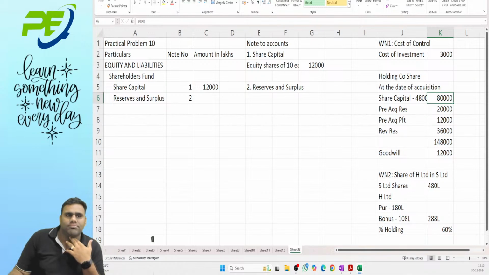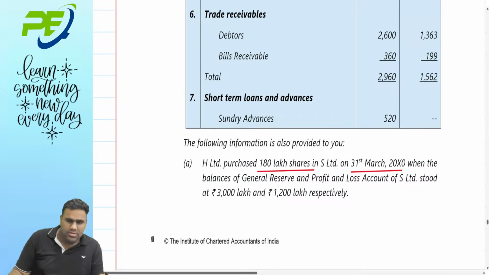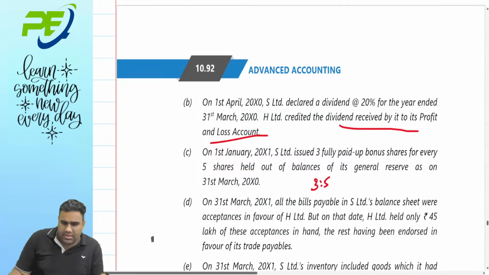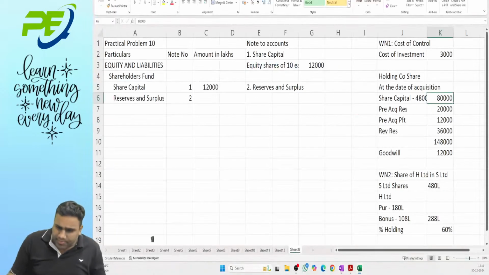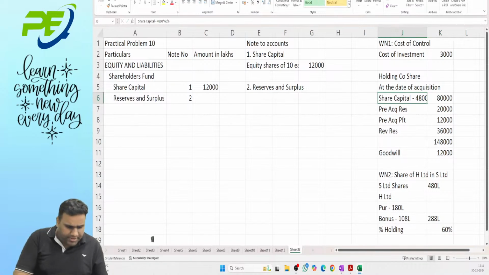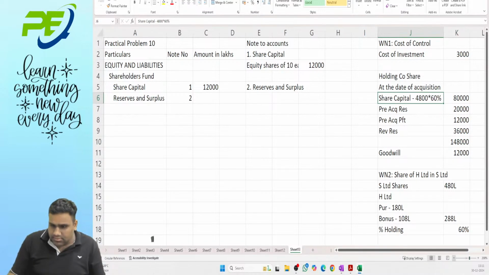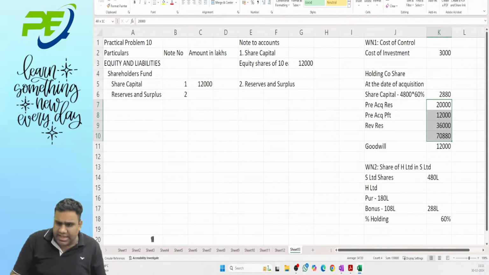Because when did I acquire? Opening, 31st March 20x0. And bonus was also paid for the same period. So 4,800 into 60%, 2,880.